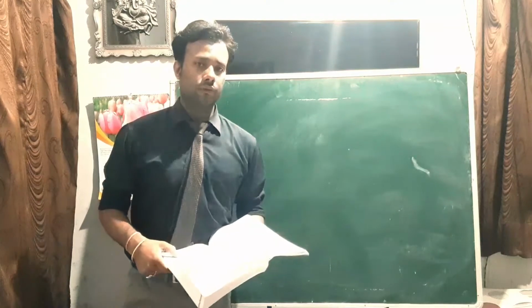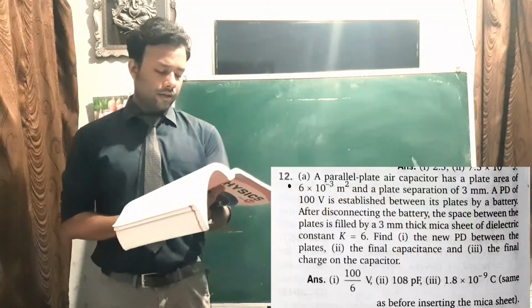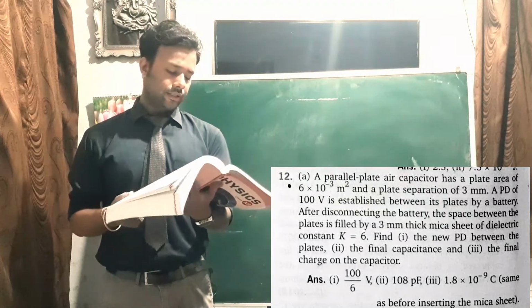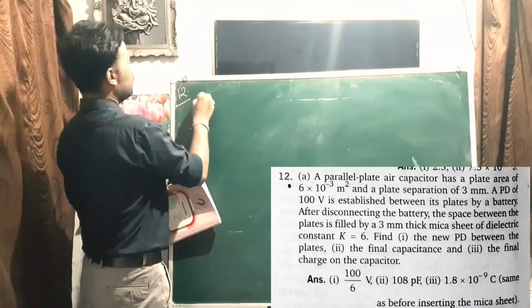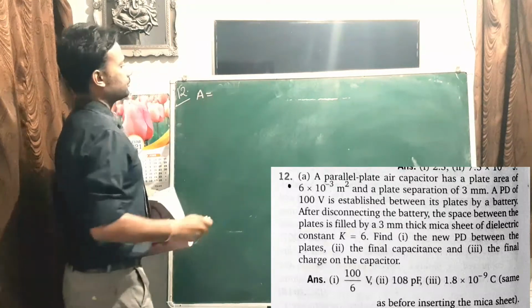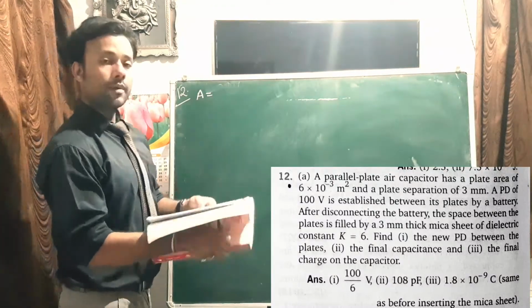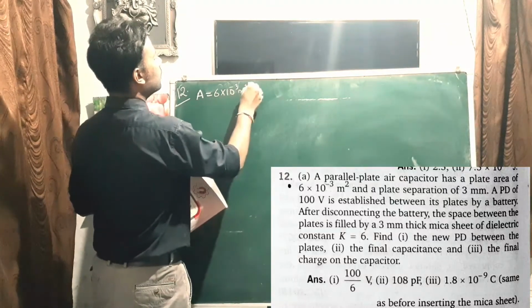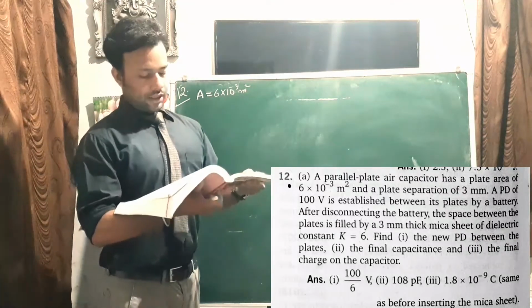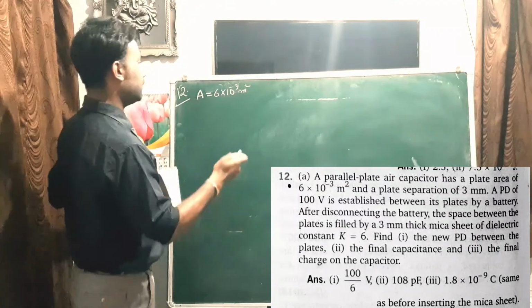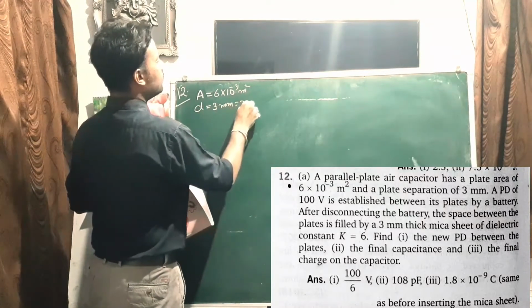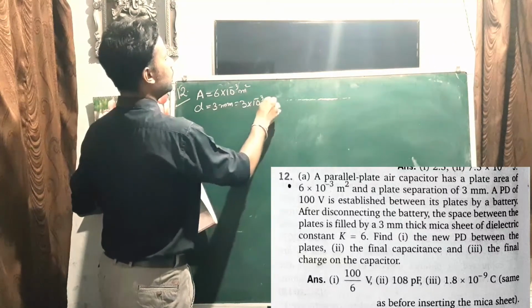Let's see question number 12. It says, a parallel plate air capacitor has plate area 6 into 10 to the power minus 3 meters square, and plate separation is 3 mm, that means D is 3 into 10 to the power minus 3 meters.